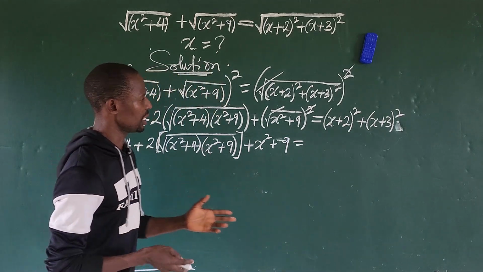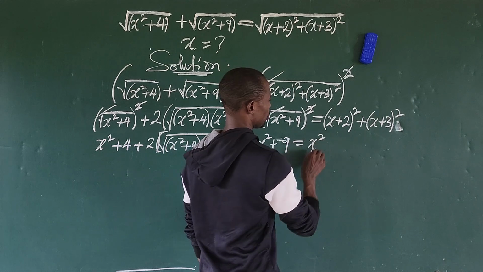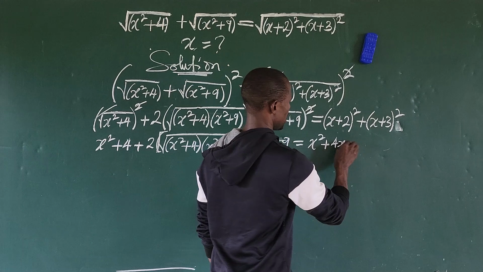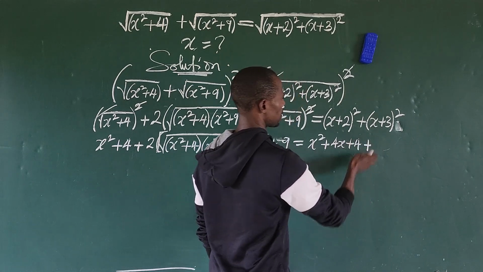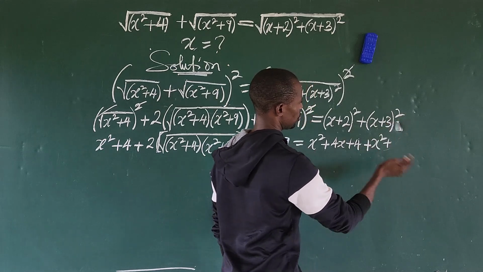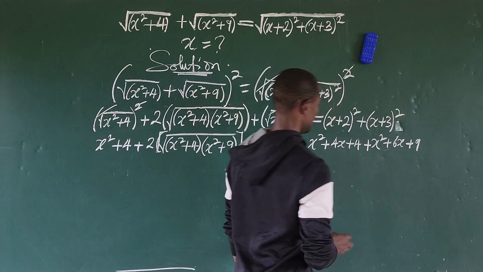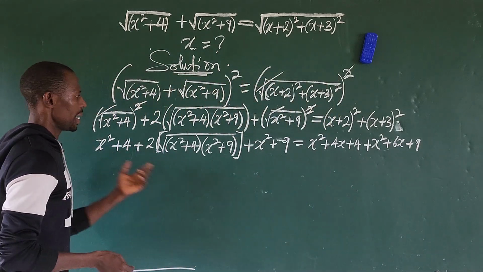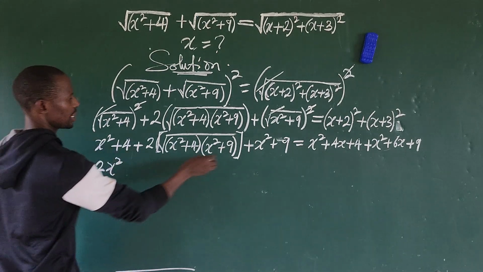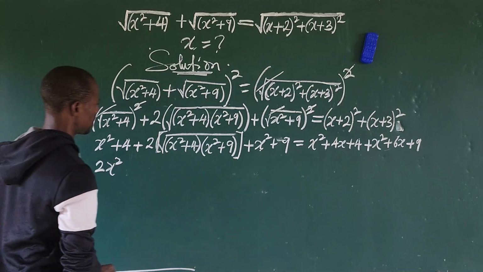we can open up this also. So let's open this and see what this gives us. This automatically will give us x to the power of 2, plus 4x, plus 4, plus, we do the same thing here, this will give us x squared, plus 3 times 2 times x, which is 6x, plus 9. So we can add our terms together. Here we're going to have 2x to the power of 2, this and this together. Then we have 4 and 9 to give us 13.